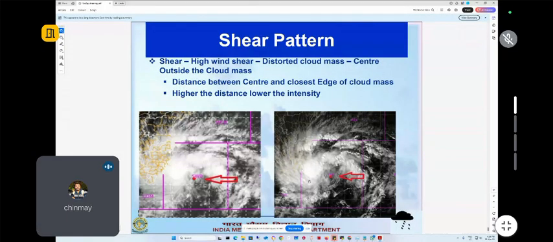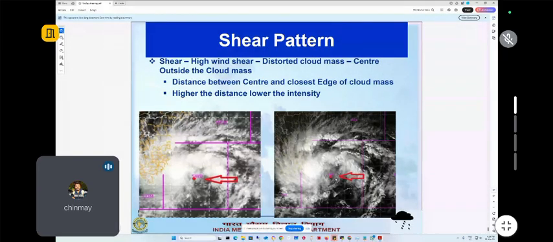These are mostly CB clouds, very intense convective cloud mass, big cloud mass. But if you see these low level clouds, they are encircling around a particular point in this region, but the intense cloud mass is blown away from this region.